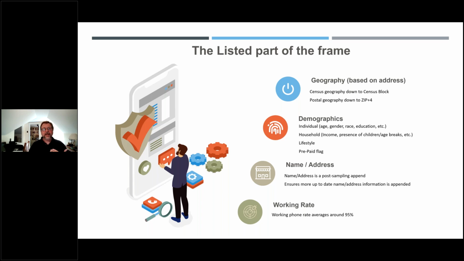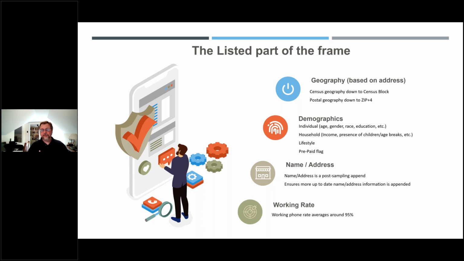And because we have address information for such a large percentage of the numbers, 244 million is a very large number to have this information for. We have geography down to the census block, and we have postal geography down to the zip +4. So it really enables you to target very specific, very low-level geographies beyond what we were able to do with older versions of cell phone frames.